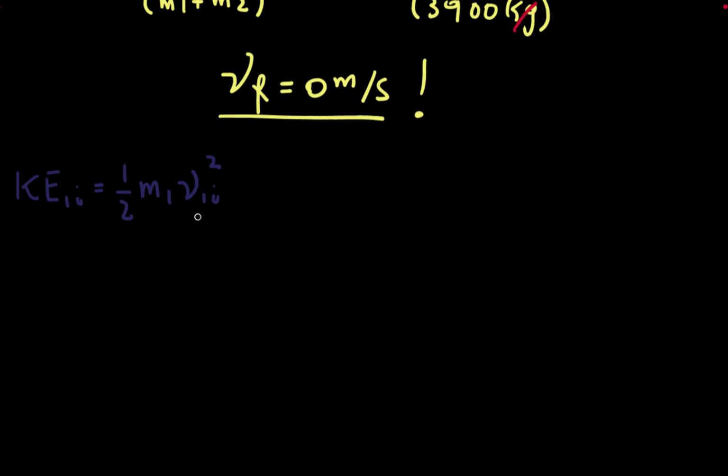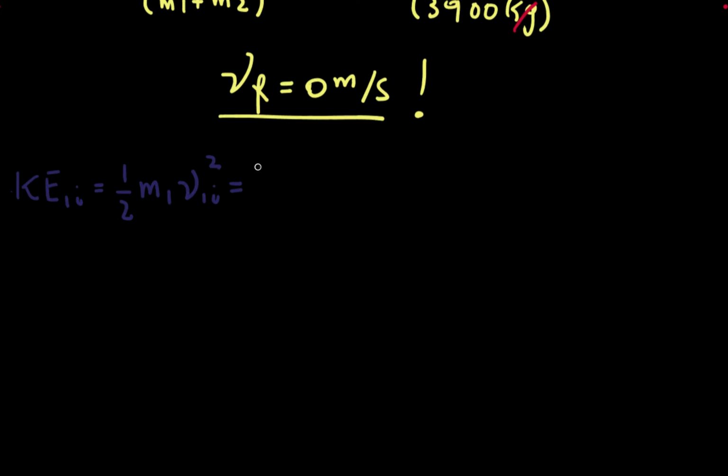I'm sorry, speed. Again, this does not account for direction. So this is a number, there's no vector quantity. This is also a number. Also, it does not matter if you put a negative number here, you're going to square it. The only possible number you're going to get from a square is a positive number.